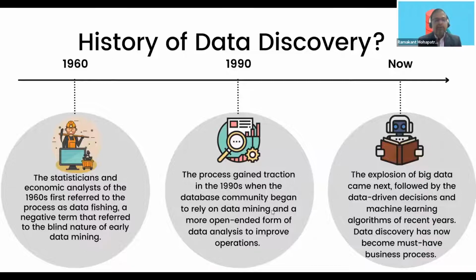Now coming back to the next one, what has changed since then, so that we are able to give more and more importance to data discovery? If you look at the way technology transformation has happened, the need for data became one of the keys, just like we understand that oil in the refineries was determining the economy of a country.